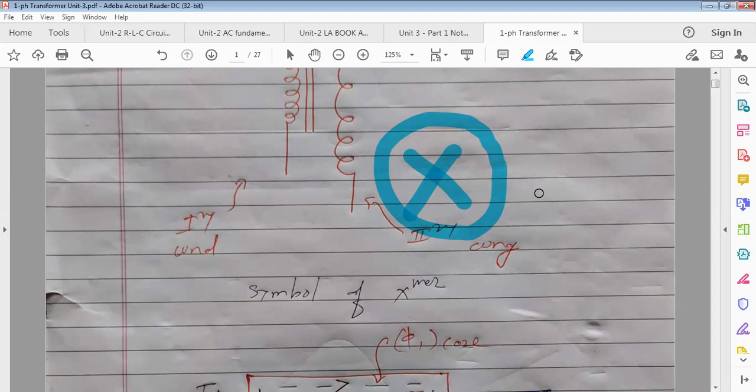It means I'll use the cross convention to represent current moving away from the observer. Now point the thumb of the right hand in the direction of current, that is away from you, and wrap the fingers. In which direction are you wrapping the fingers? Clockwise or anti-clockwise?